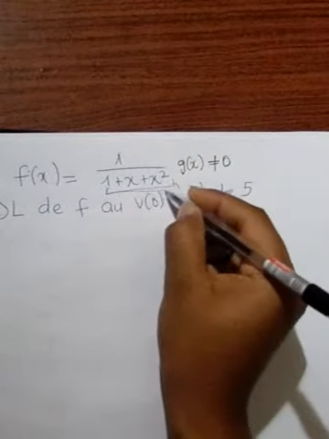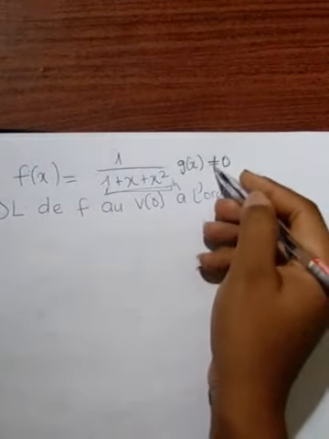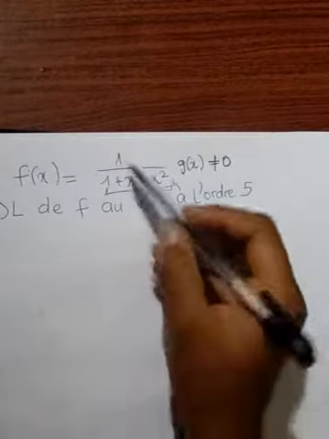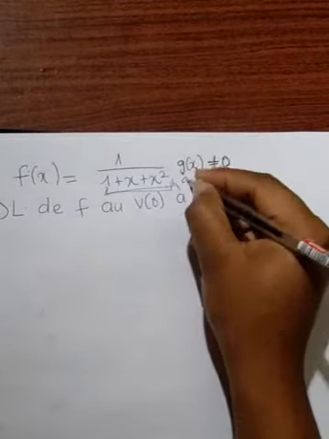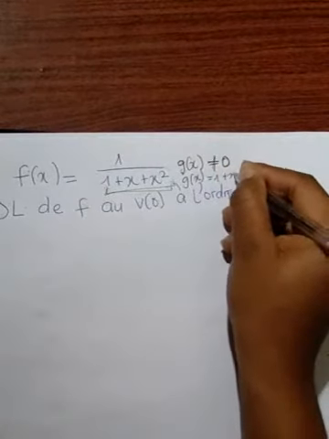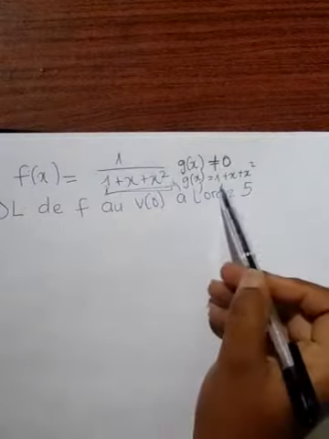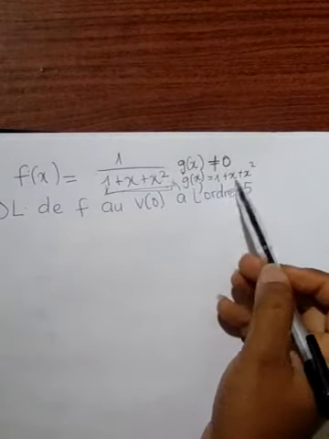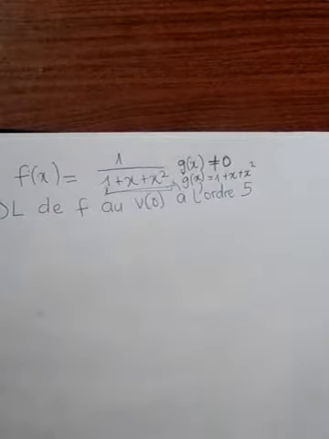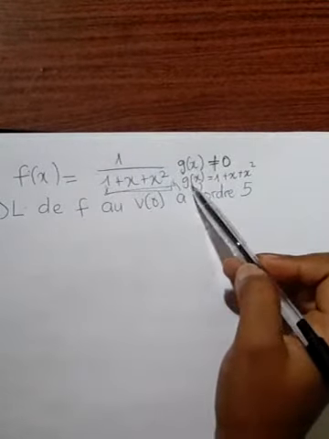I call this entire denominator g of x, different from 0. Why? Because my g of x is 1 plus x squared. Now if my g of x is equal to 0, it would be 1 all over 0, because my denominator is what I'm calling my g of x.